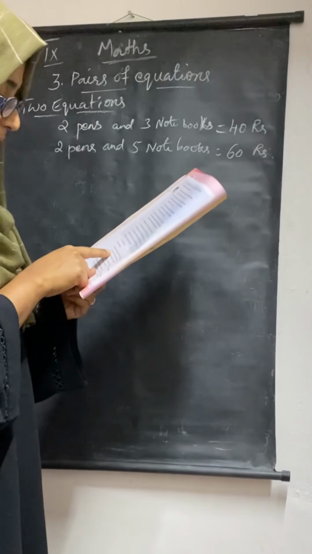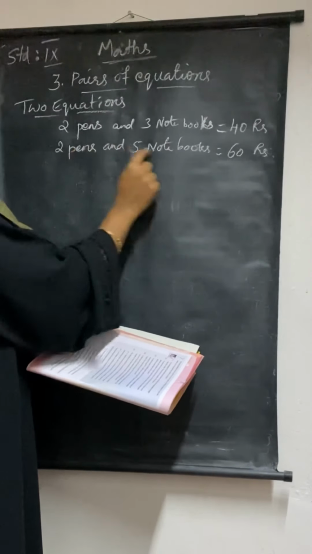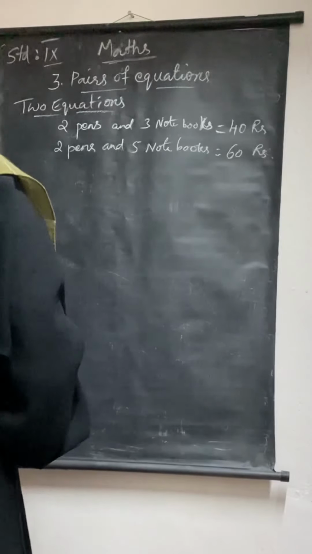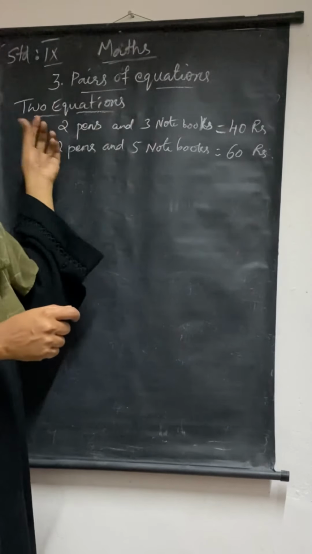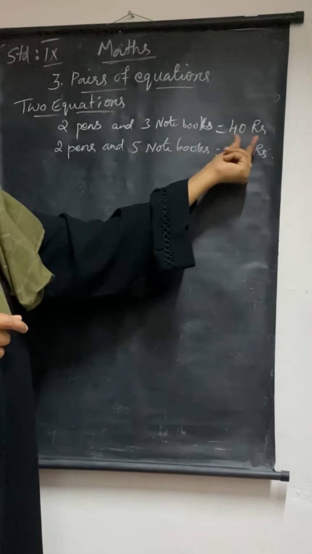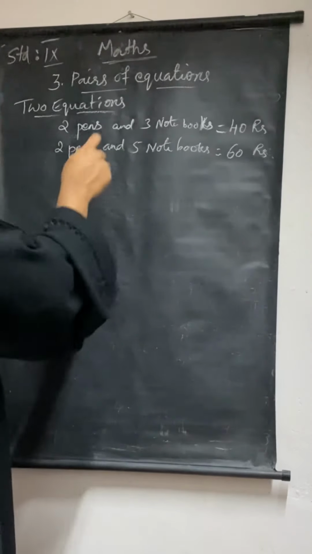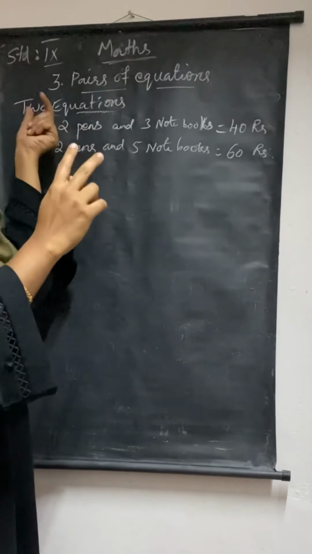Next, the price of 2 pens and 5 notebooks is 60 rupees. What is the price of a pen and what is the price of a notebook? That was the question. We don't know the price of the pen and notebook, but we know these two conditions. Using these two conditions we have to make two equations.